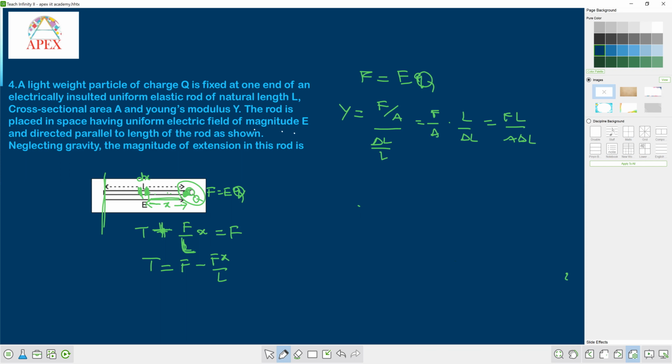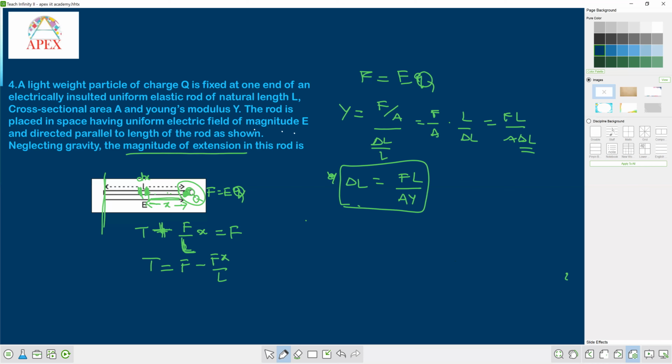But here the question is about the magnitude of extension. That means we have to find delta L. Delta L is equal to FL by AY. This is the general formula we can write for delta L. But here, this F is not uniform everywhere.